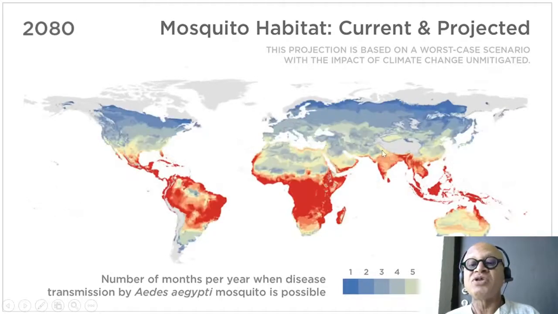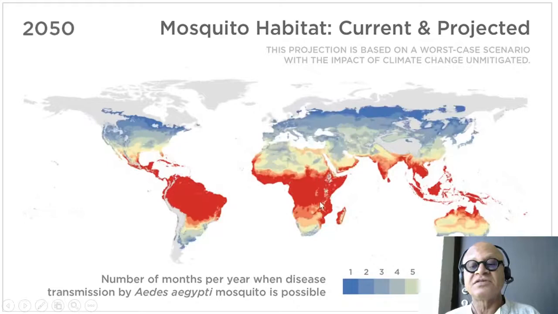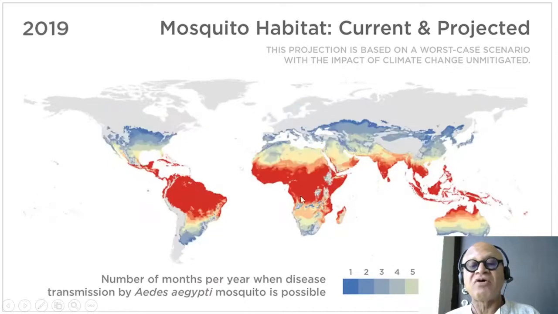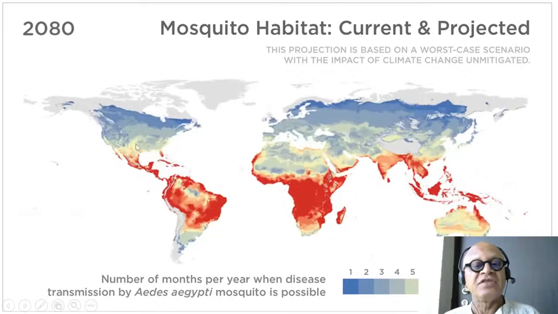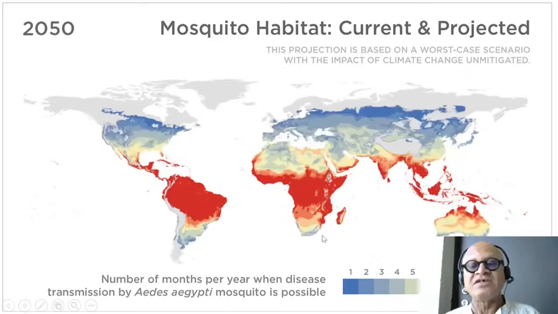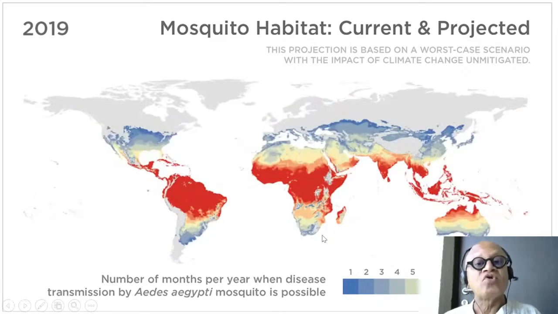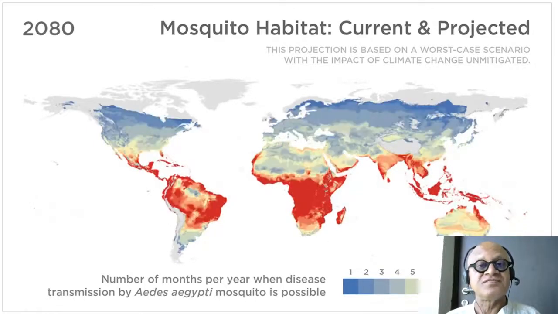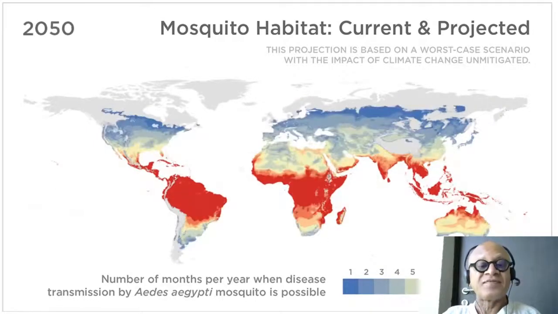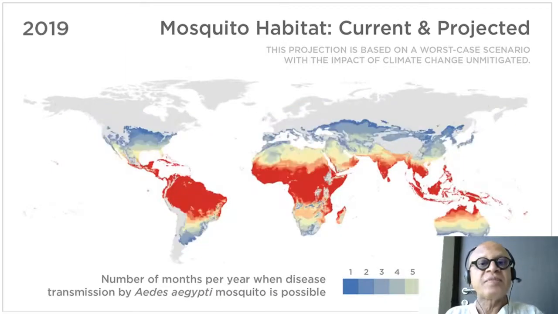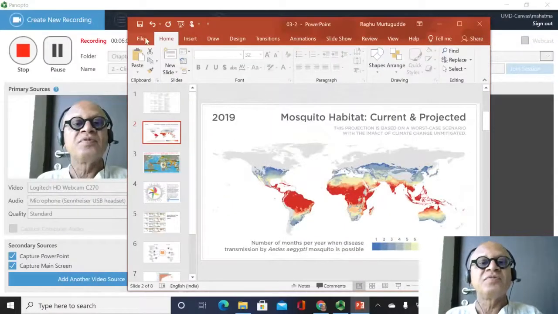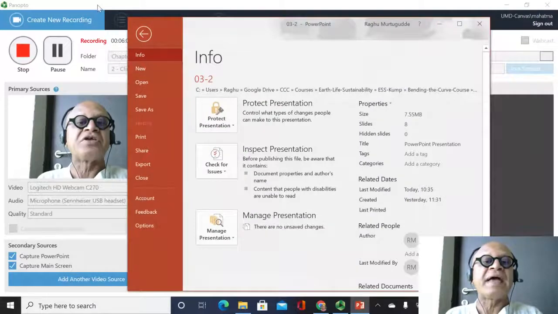But mountain regions like the Himalayas, the East African mountains, and mountain ranges all over the place do become more susceptible to year-long mosquito-borne diseases. So that's not fun.